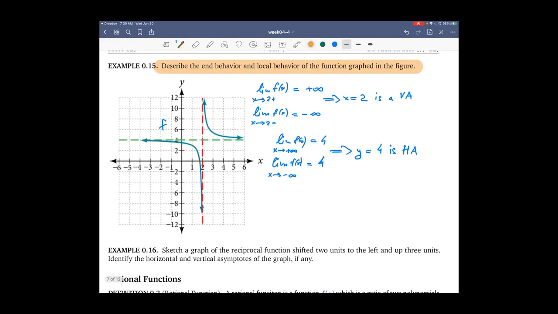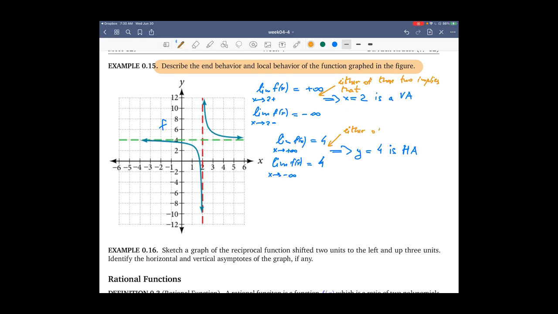And here again, either of these two implies that x equals 2 is a vertical asymptote. And the same here.